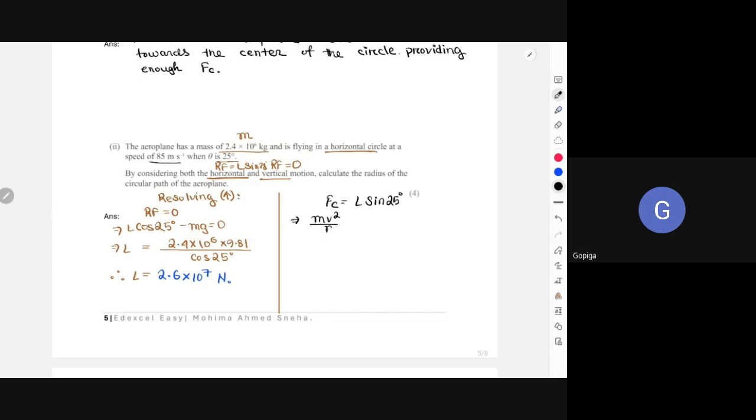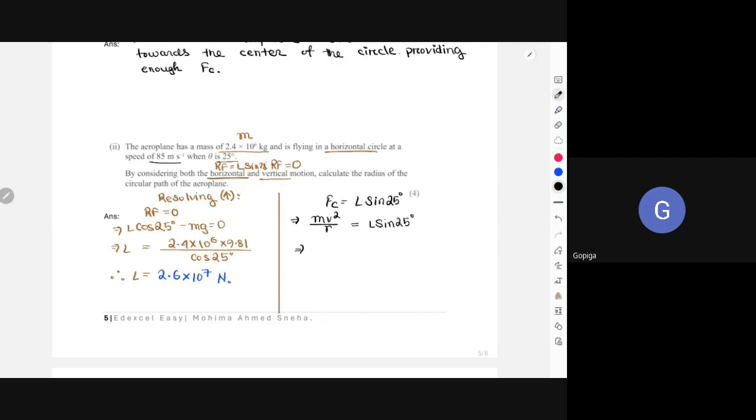No, it's not 2.4. It is 26. The answer is 26. Please recalculate it. Okay, that is equal to L sine 25 degrees.